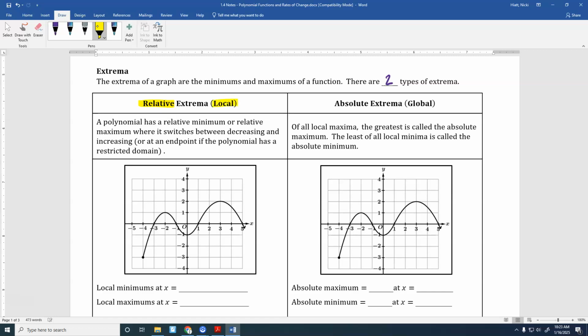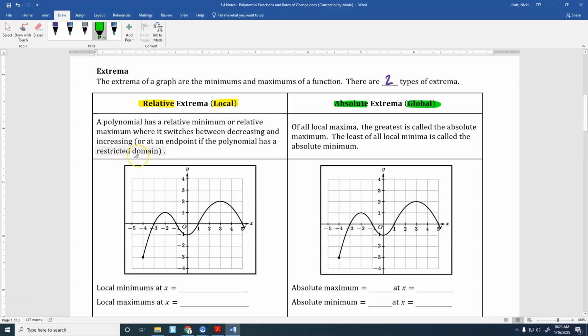Relative and local are used interchangeably, and absolute and global are used interchangeably. So a polynomial has a relative minimum or relative maximum where it switches between decreasing and increasing, or at an endpoint if the polynomial has a restricted domain.